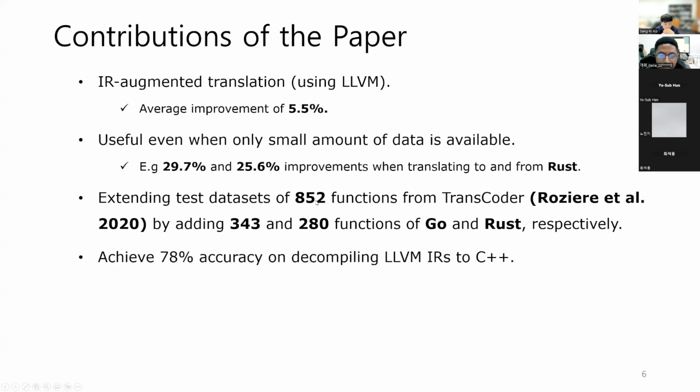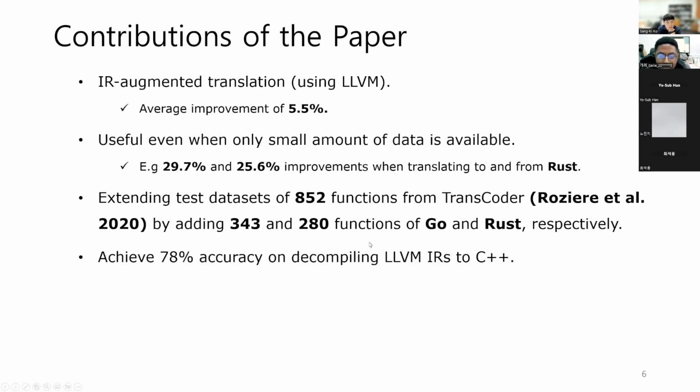The functions are composed of C++, Java, and Python. In this paper, 4 programming languages have been considered: Java, C++, Go, and Rust. So the authors have added 343 functions for the Go programming language, as well as 280 for the Rust programming language.